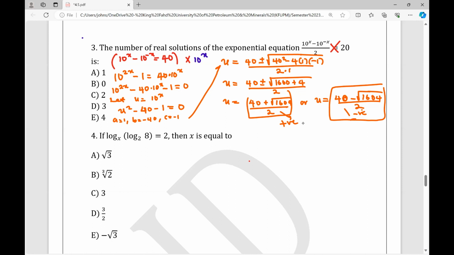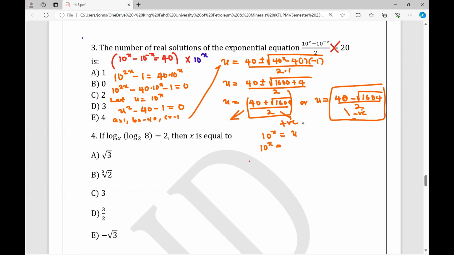Now, why do we care about the negative? Remember, u itself is 10 to the power x. So we know that 10 to the power x equals u. So we need u to be positive because we are going to take the log.